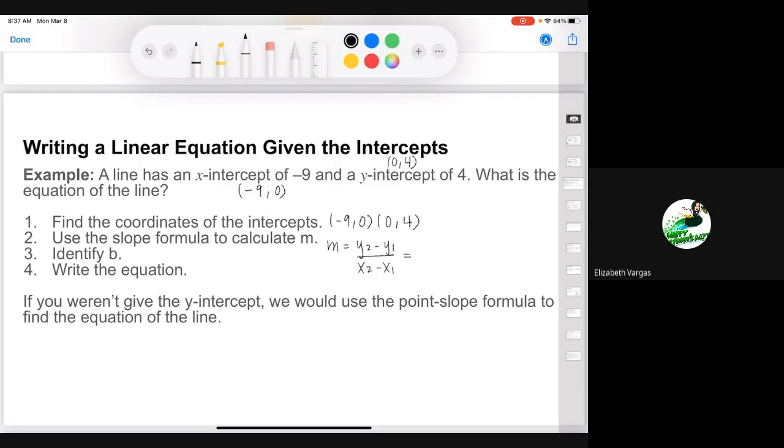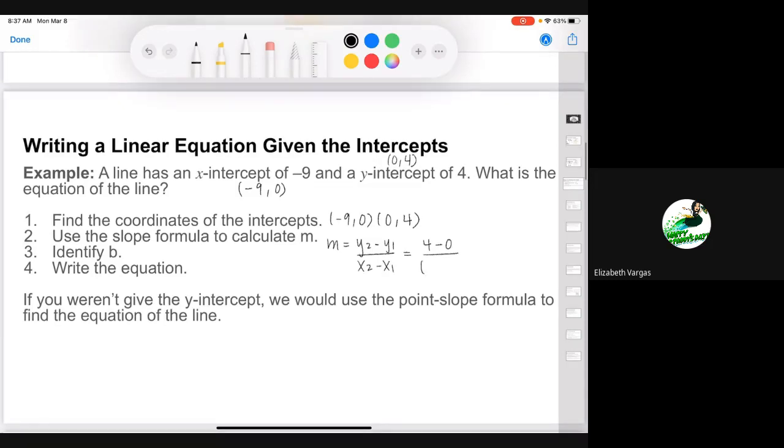So that would look like 4 minus 0 over 0 minus -9. Okay, and how did I get these? We'll say this is x1 and y1, and say this is x2 and y2. And so I just plug those in.